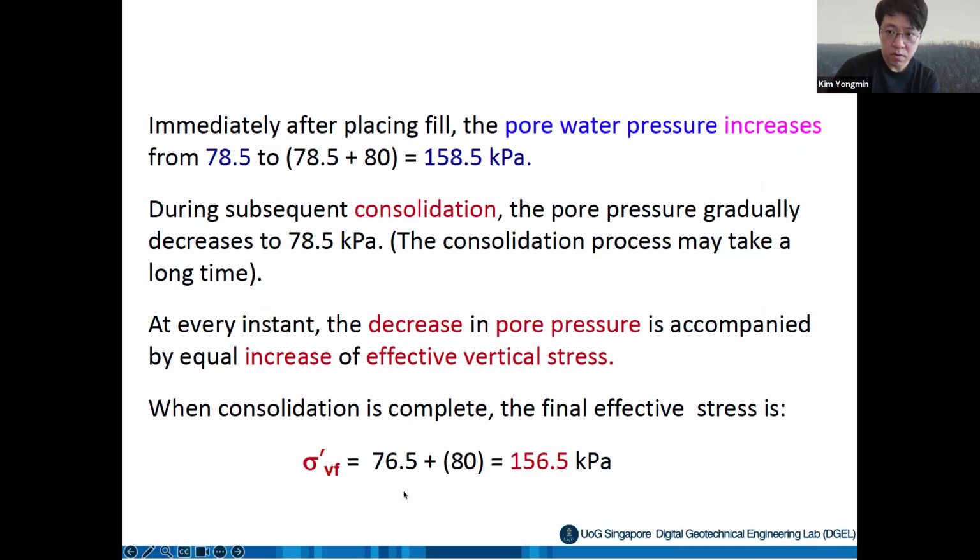your soil's effective stress plus your surcharge load acts as effective stress. So your final effective stress is 156.5.